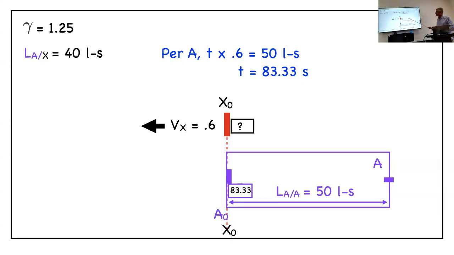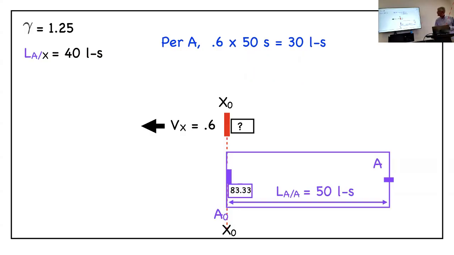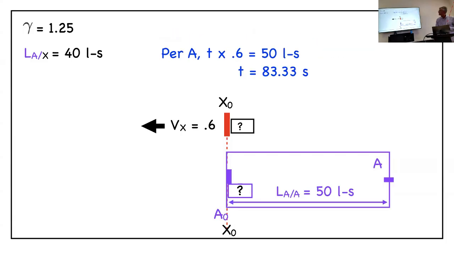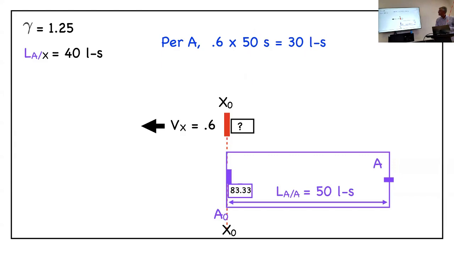So anyway, at event 2, when they line up, this clock says 83.33. What have I done here? Let's go back.